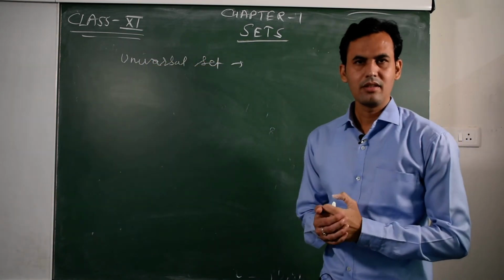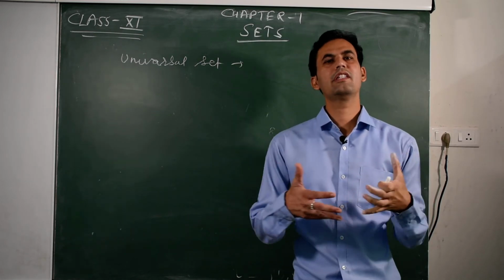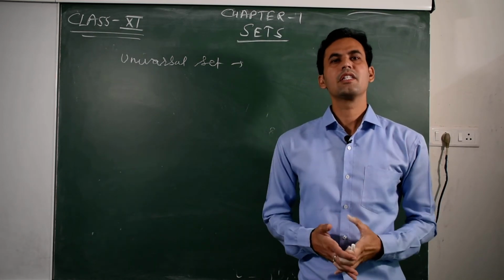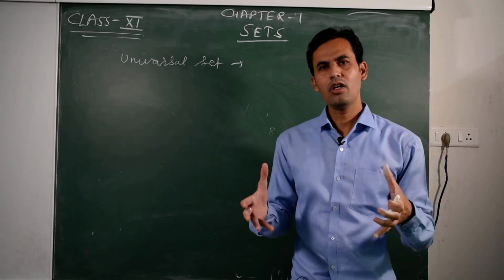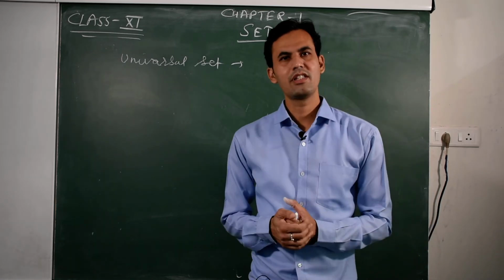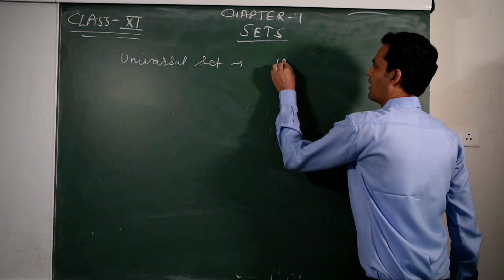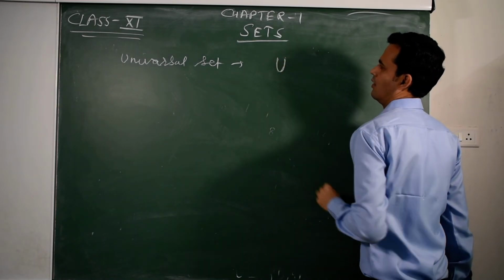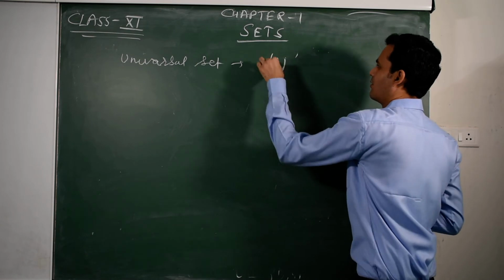Biggest set is called universal set. All other sets are its subsets. It means all other sets are smaller sets than this universal set. So it is denoted by capital U. Okay, this is called universal set.